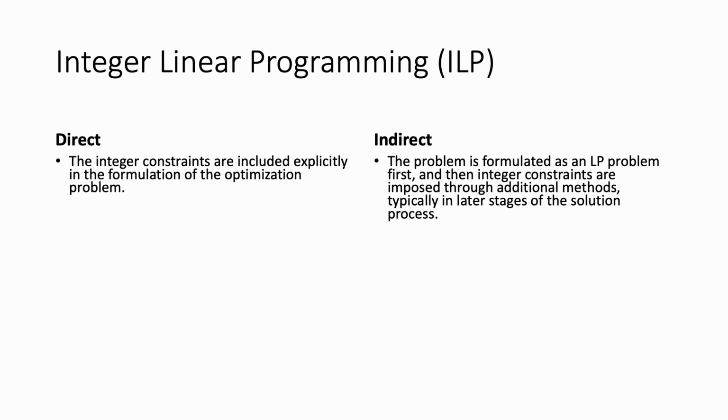Okay. So in the direct ILP, integer constraints are included explicitly in the formulation of the optimization problem, while in the indirect one, we first formulate the LP problem, then solve the LP, and then we impose integer constraints through additional methods.